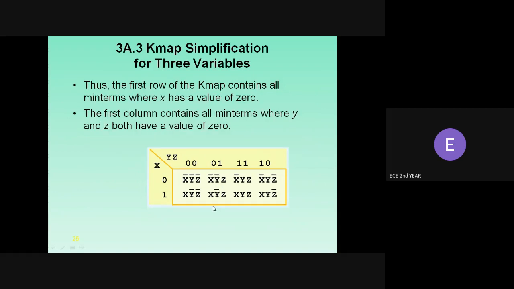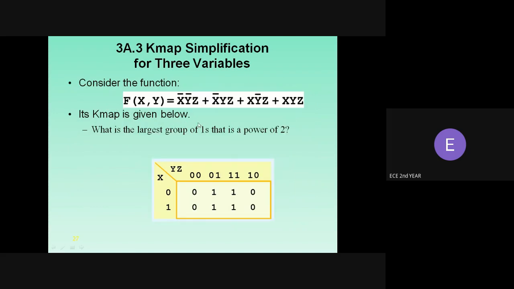Let us see one example. Here we consider one Boolean expression: F of x comma y comma z equal to x bar y bar z plus x bar y z plus x y bar z plus x y z. Let us see how to fill this truth table first.